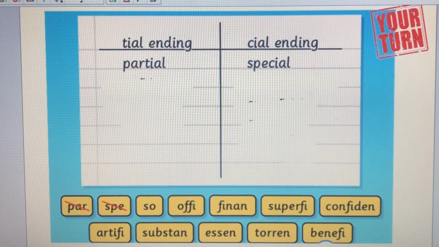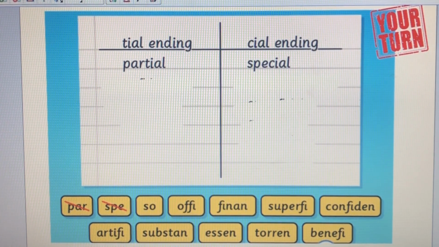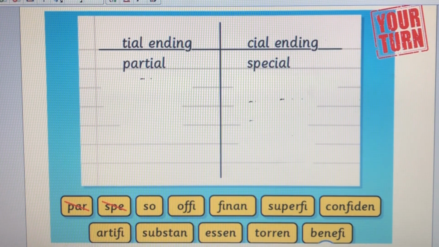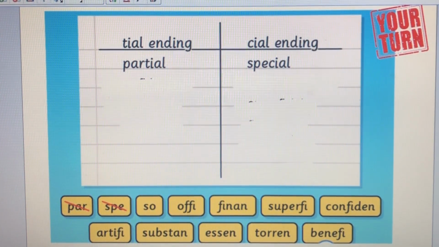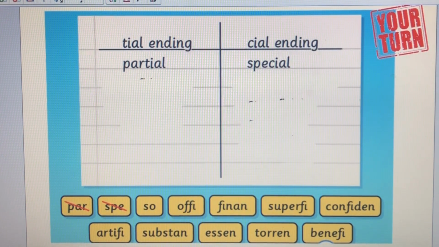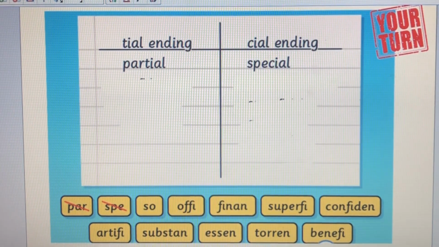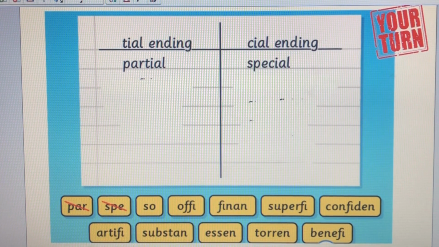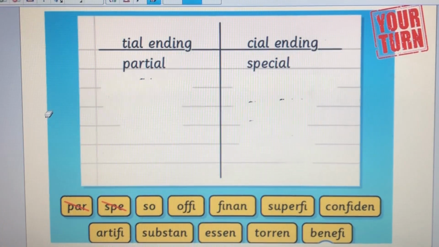Okay, your turn. Using what we just learnt about the rule, if the word stem ends in a consonant, add T-I-A-L. If the word stem ends in a vowel, add C-I-A-L. Have a go at completing these words. Pause the video now. Right, let's reveal the answers.